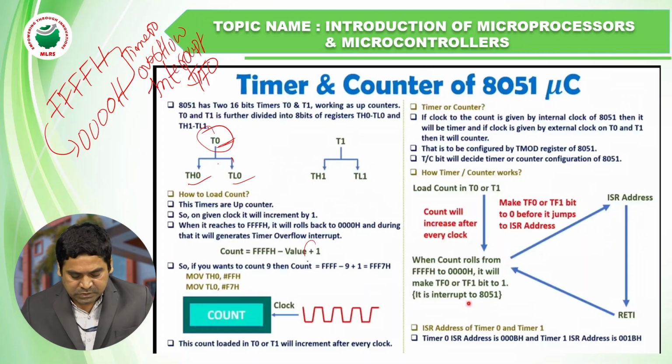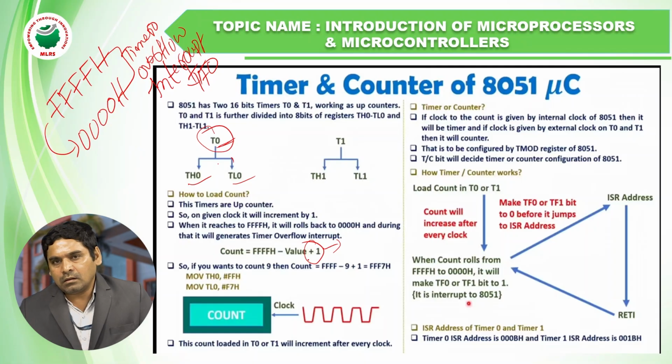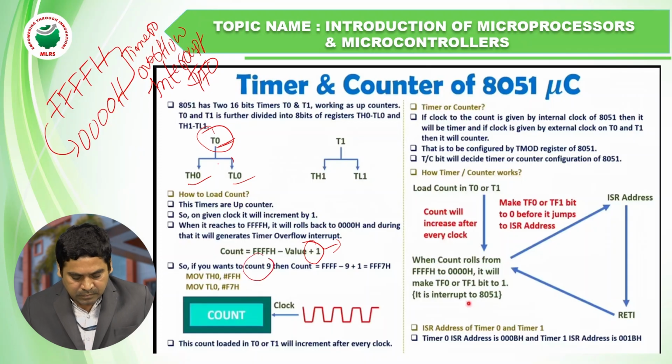Why is plus 1 given here? It is for the interrupt occurrence. One example you can check: let 9 be the value. Then count equals FFH minus 9 plus 1.